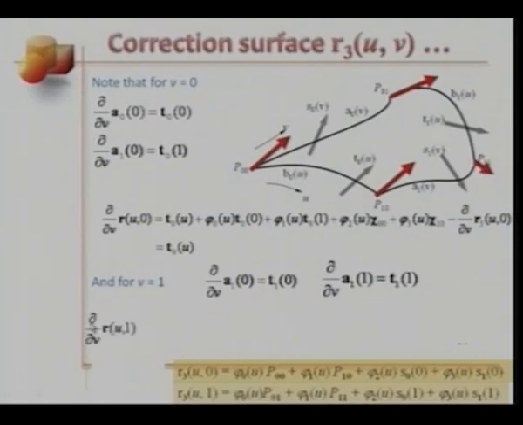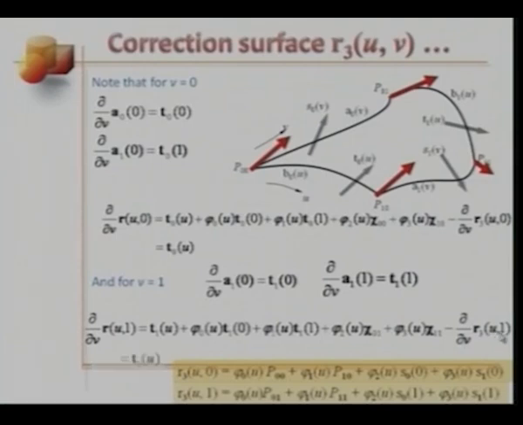So we'll have partial of r with respect to v for u and v equals 1 is equal to t1 of u plus phi 0(u) t1 at 0 plus phi 1(u) t1 at 1 plus phi 2(u) times chi 01 plus phi 3(u) times chi 11 minus partial of r3 with respect to v for u equals u and v equals 1, and that will be equal to t1 at u.